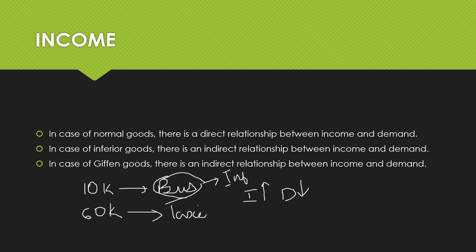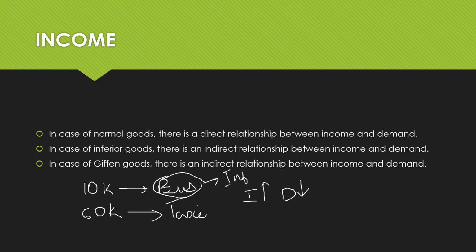With the rise in income, people shifted to taxi and stopped using bus. Because when your income increases, you'll start thinking of using or purchasing other goods which are not inferior. You'll try to shift to the normal goods, or to better goods.